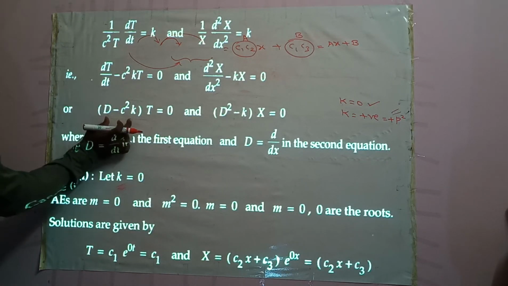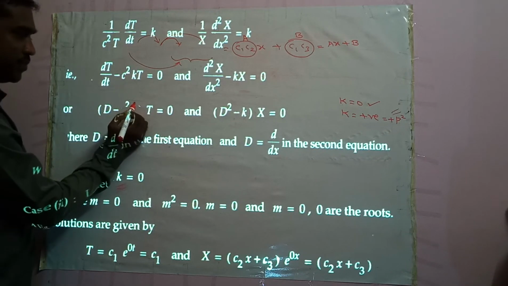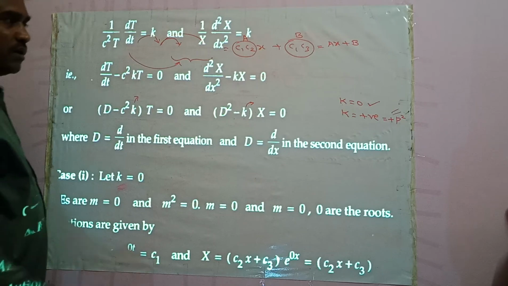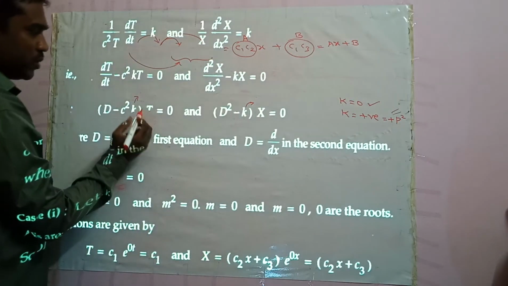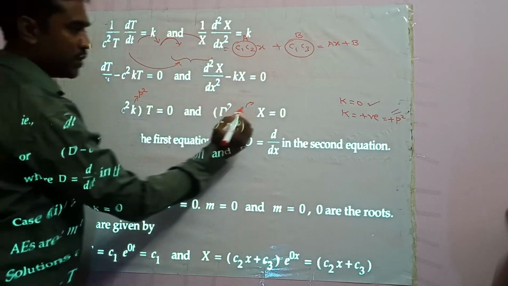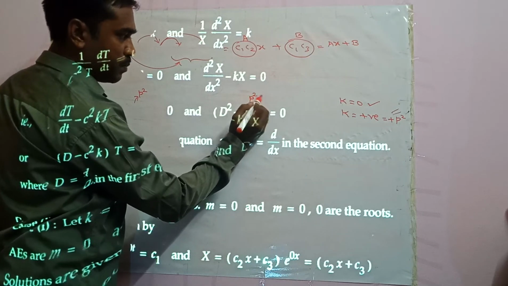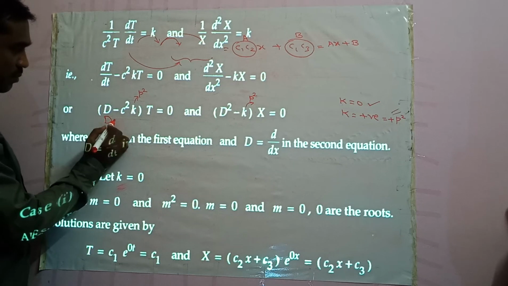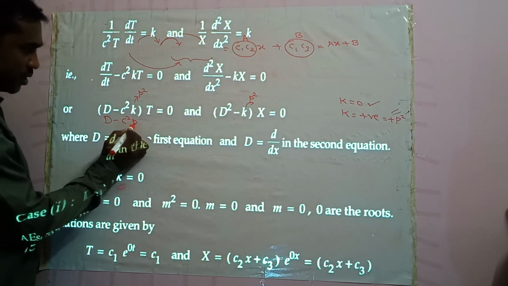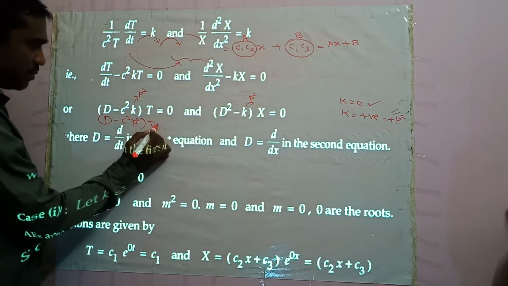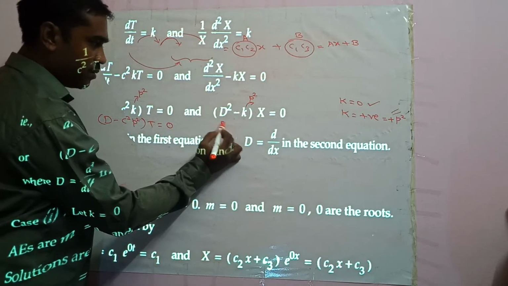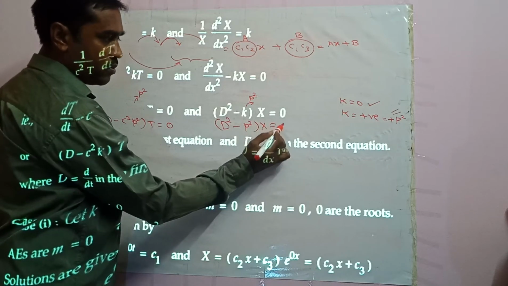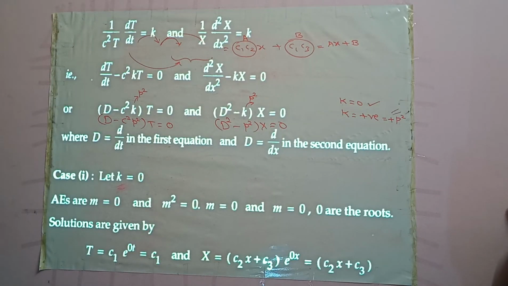In the place of K we put P square here. What do you get? D minus C square P square into T is equal to 0 here. D square minus P square into X is equal to 0 you will get.